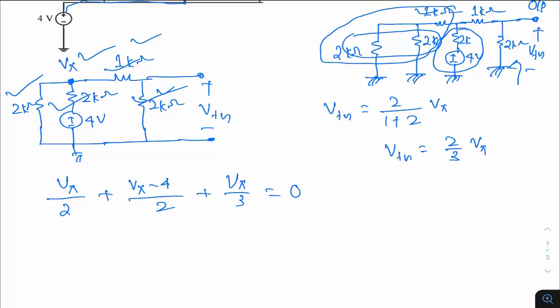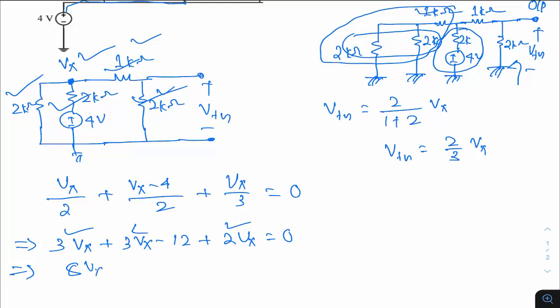Let us multiply both sides by 6. This becomes 3Vx, plus 3Vx minus 12, plus 2Vx is equal to 0. So 3 plus 3 plus 2 is 8Vx. 8Vx is equal to 12. So Vx is equal to 12 by 8, which is 3 by 2.